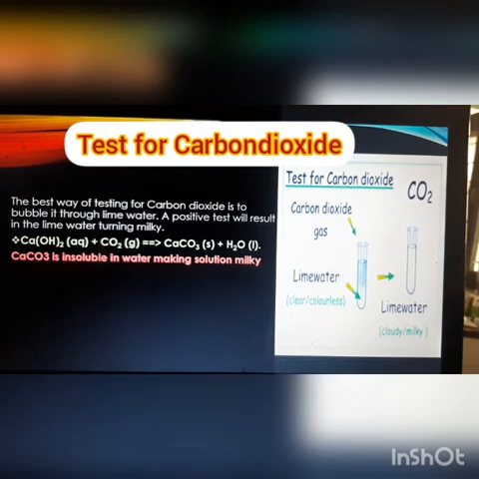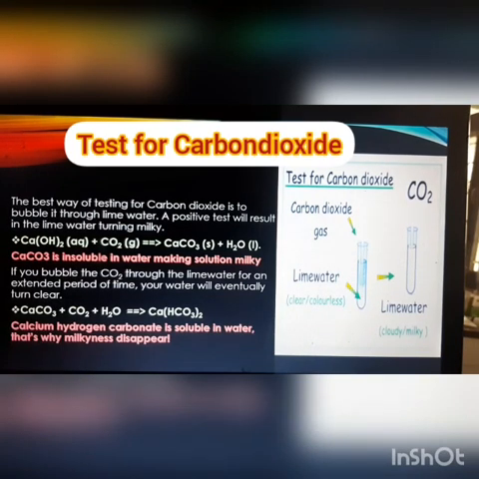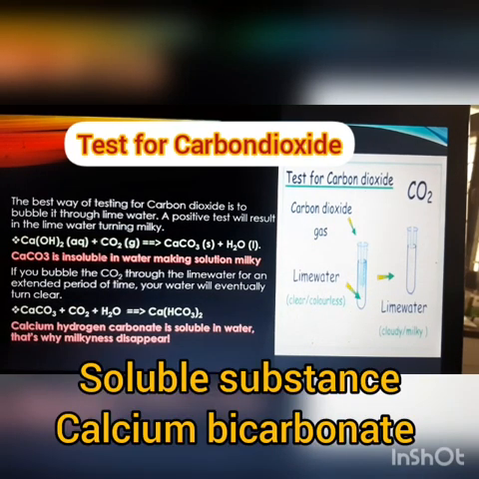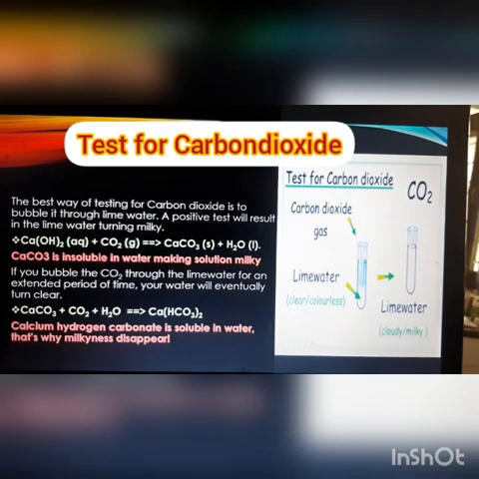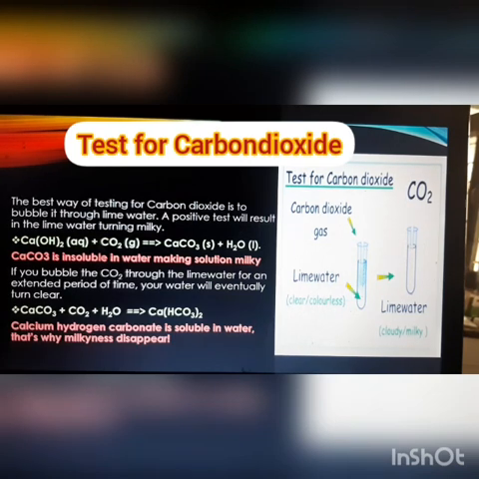But one more thing, students: if you pass excess carbon dioxide through this solution, it will result in calcium bicarbonate, or calcium hydrogen carbonate, and this compound is completely soluble in water. So immediately the milkiness will disappear. This is the chemical test of carbon dioxide.